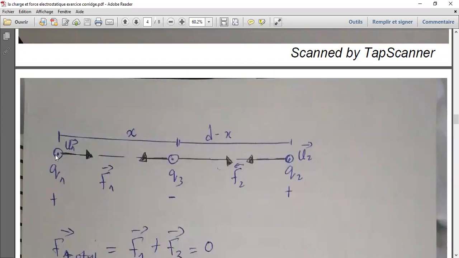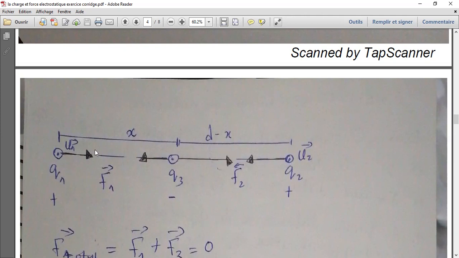So there's Q1, and there's Q3. This distance is x from Q1. I should place Q3 in such a way that the forces coming from Q1 and Q2 are balanced, meaning they are canceling each other.